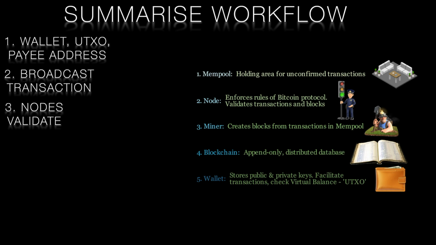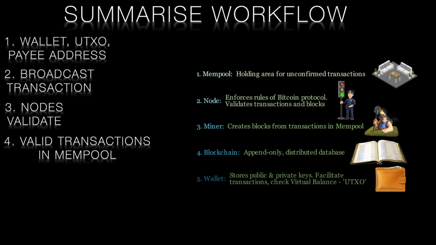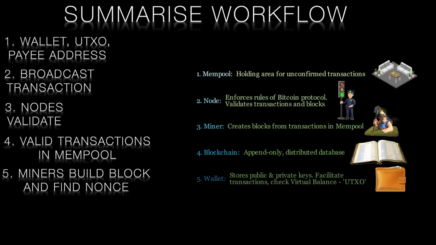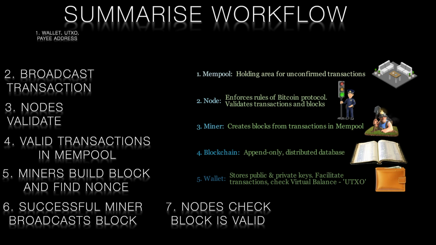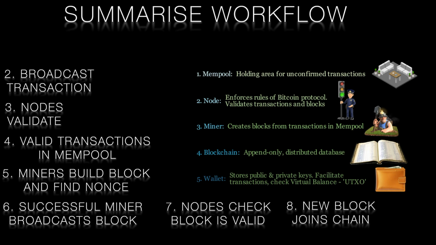If the message passes all of these checks, a valid signature, valid UTXOs, etc., it's placed into the mempool. Miners pick up validated transactions, form a block, and attempt to find a matching nonce. The successful miner broadcasts the block to the network. Nodes check that the block is valid, and then a valid block is added to the chain.